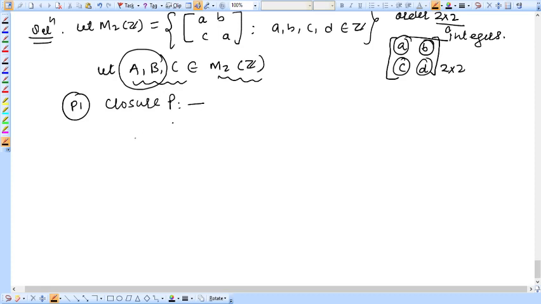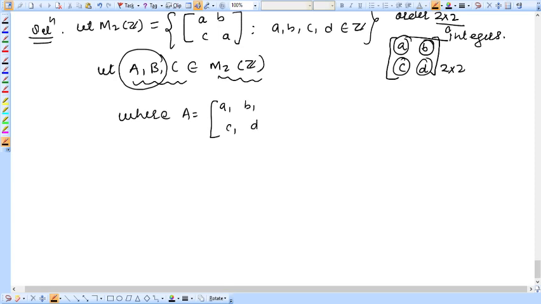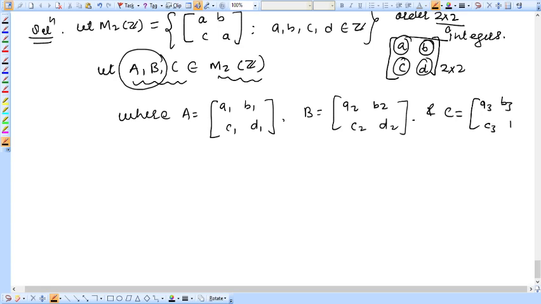One more thing I would like to write over here, where A is equal to A1, B1, C1, D1, and B is equal to A2, B2, C2, D2, and C is equal to A3, B3, C3, D3. Okay, fine.